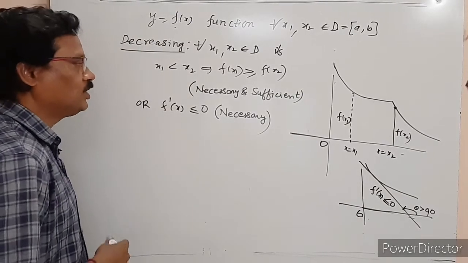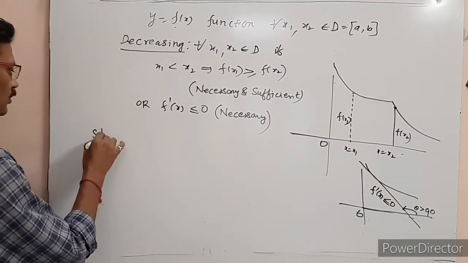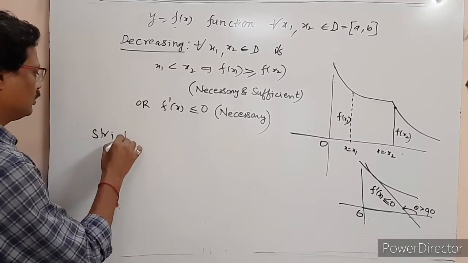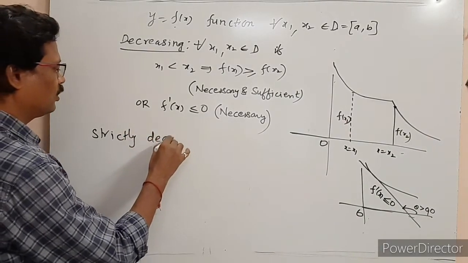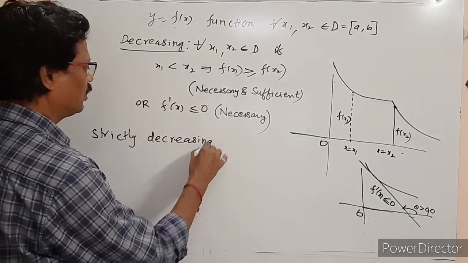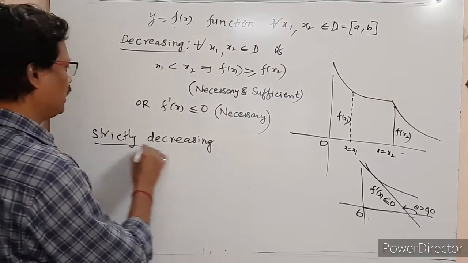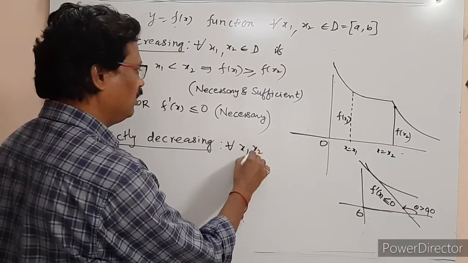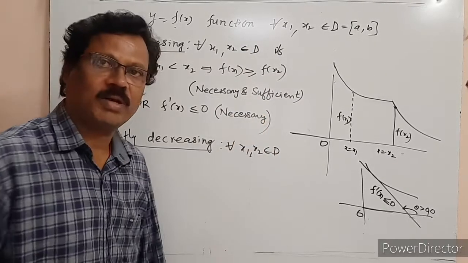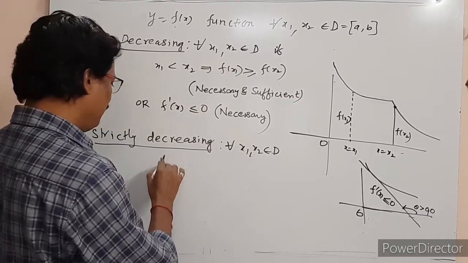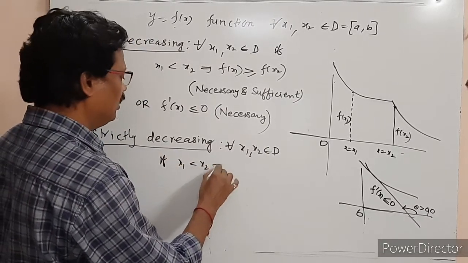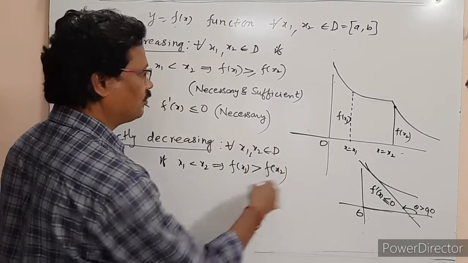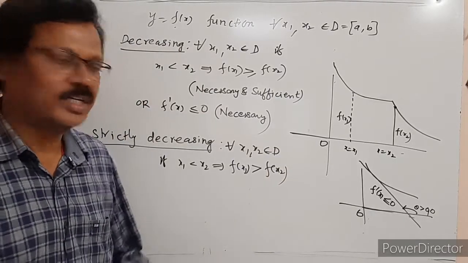Now, let us see strictly decreasing. For every x1, x2 belongs to the domain, if x1 less than x2, this implies f of x1 strictly greater than f of x2, then the function is strictly decreasing.